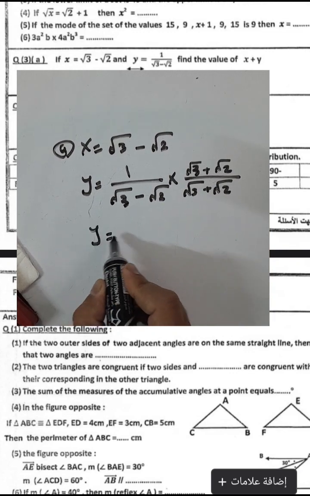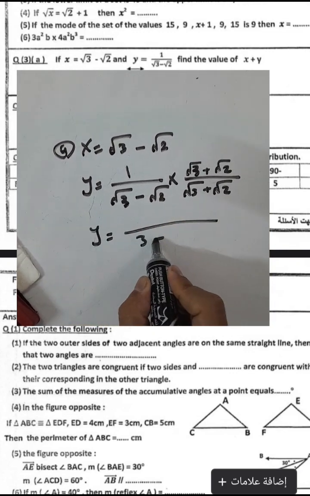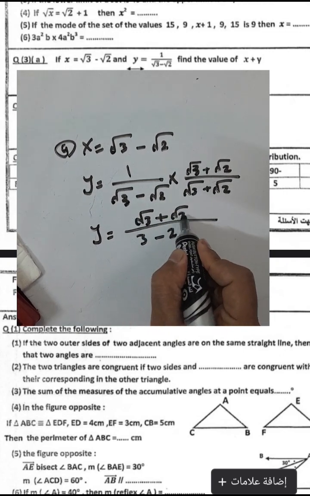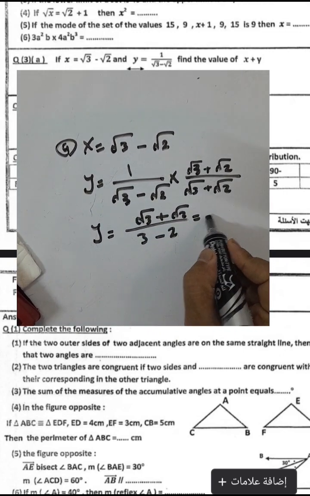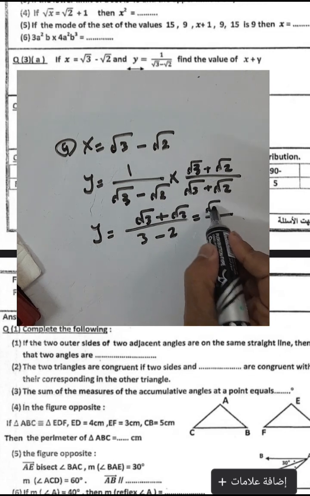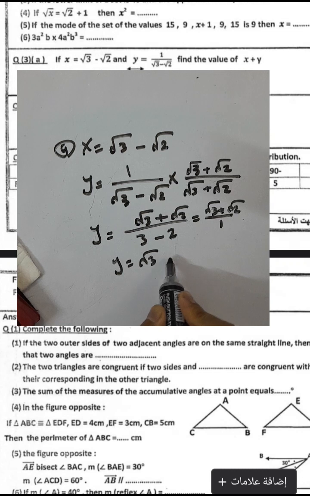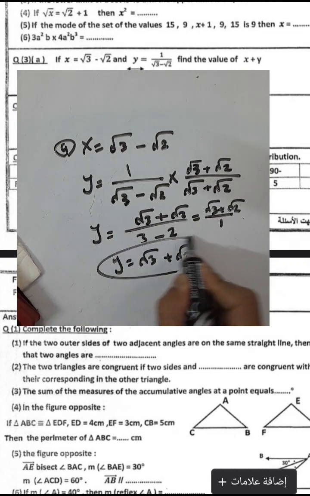Then y will be equal root 3 times root 3 equal 3, and root 2 times root 2, it will be 2, and then write root 3 plus root 2 in numerator. Then the result will be root 3 plus root 2 over 1. Then the value of y equal root 3 plus root 2.